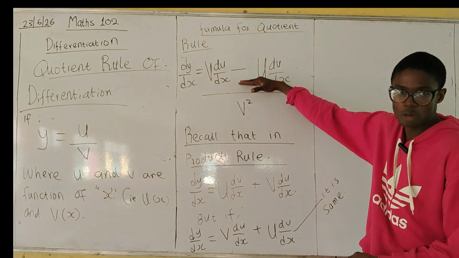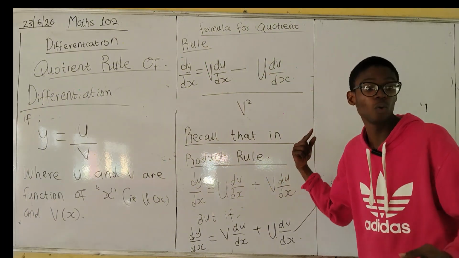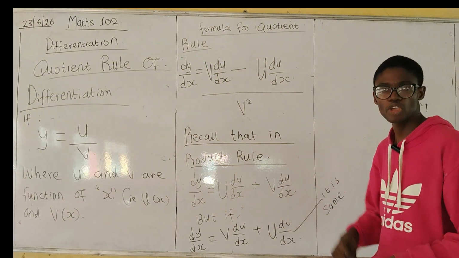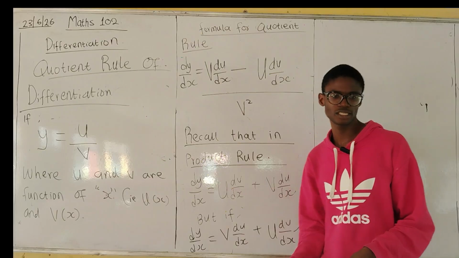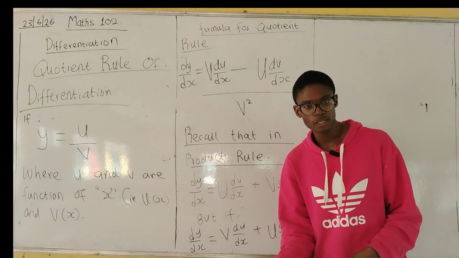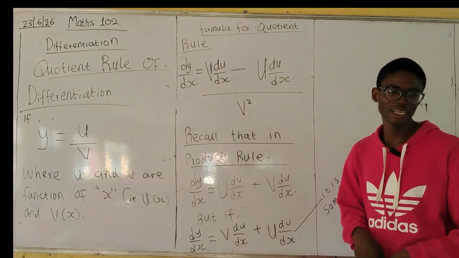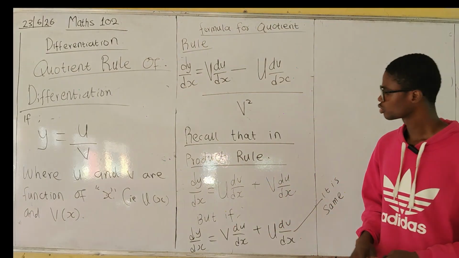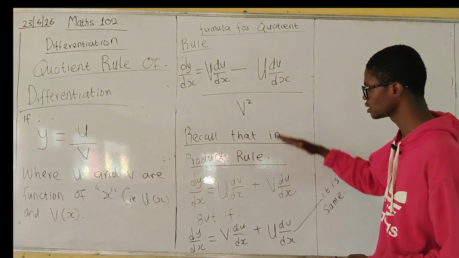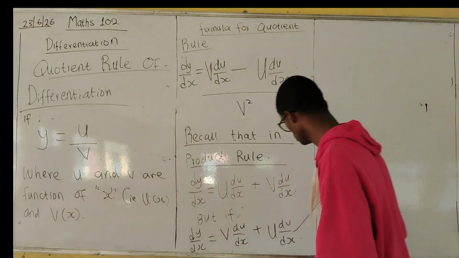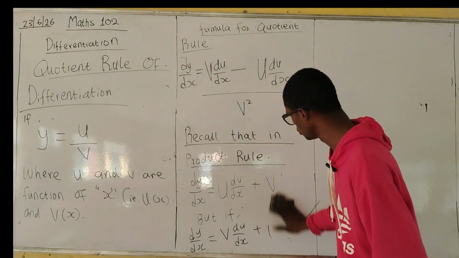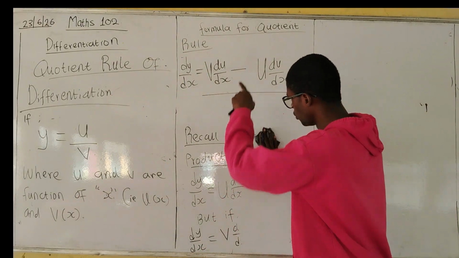But subtraction does not work that way. 3 plus 5 gives 8, and 5 plus 3 gives 8, but 5 minus 3 and 3 minus 5 cannot give you the same value. So we cannot work with that concept in the quotient rule.